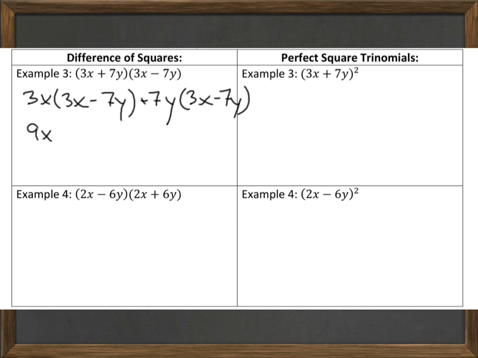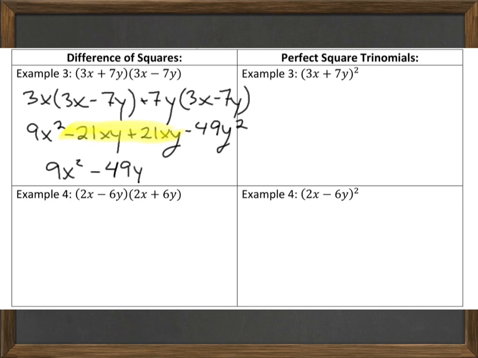Okay, so we get 9x squared minus 21xy plus 21xy, again rewriting those variables in alphabetical order, minus 49y squared. Again, remember the magic, if you will, of difference of squares is that those inner terms are going to cancel each other out. So we have 9x squared minus 49y squared. That's our final answer.